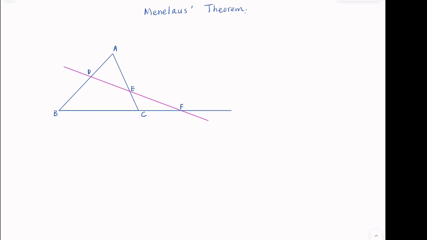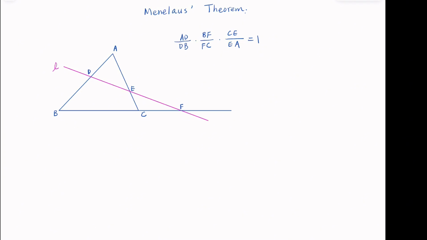The theorem says that if you have a straight line cutting triangle ABC at the points D, E, F on the same line, then AD over DB times BF over FC times CE over EA equals 1.